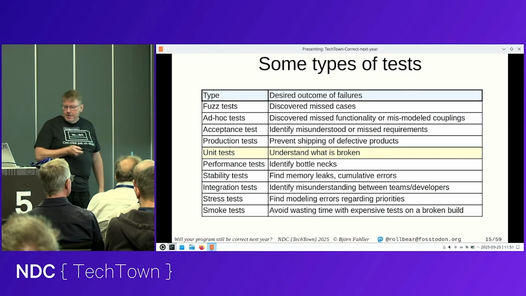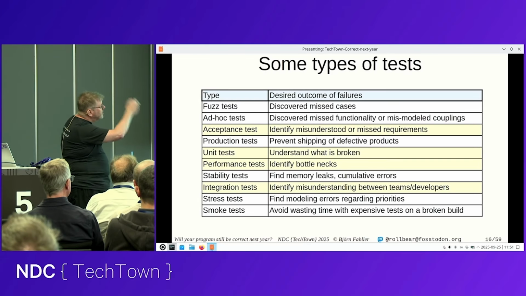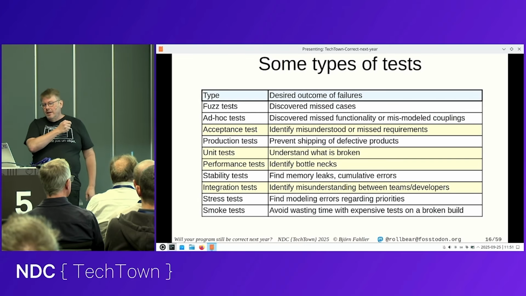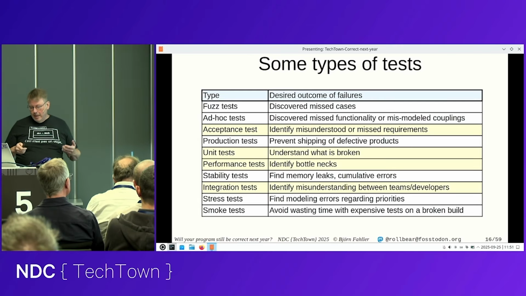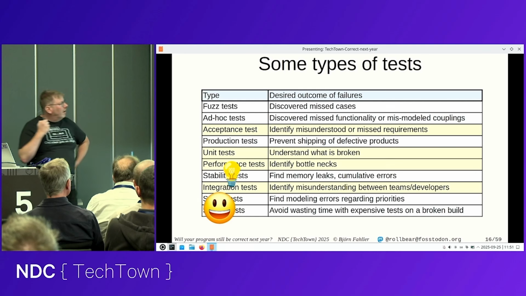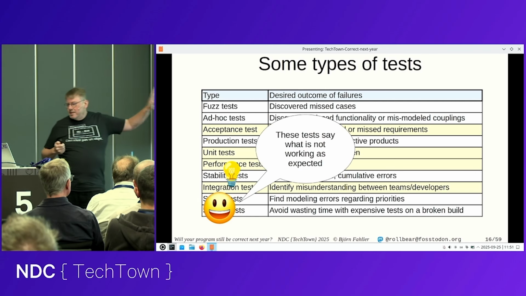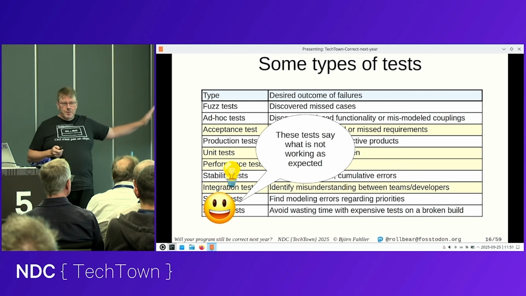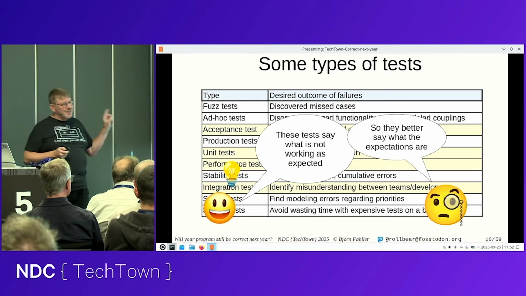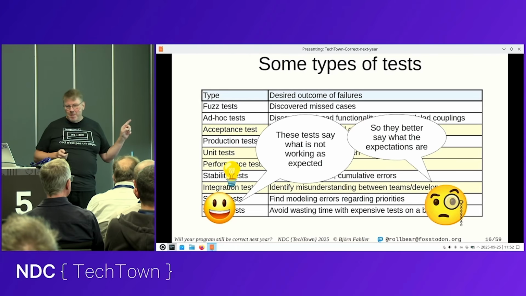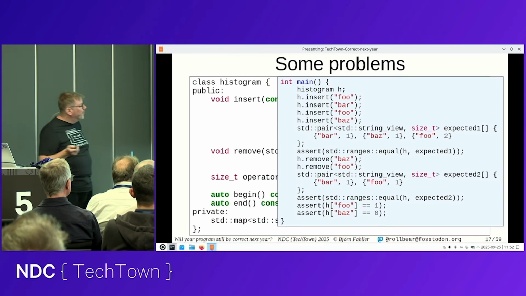Like I said, unit tests are to understand what is broken, but I argue that these tests share properties in terms of what we want to get out of them. So my reflection on this is that these tests say what is not working as expected. And to do that, they'd better say what is expected. So what's wrong with this that I wrote?